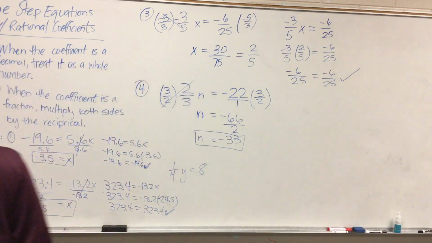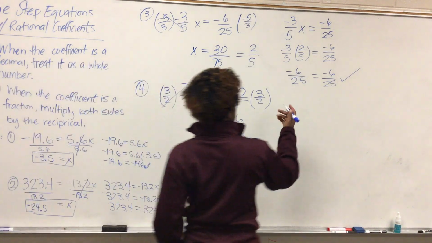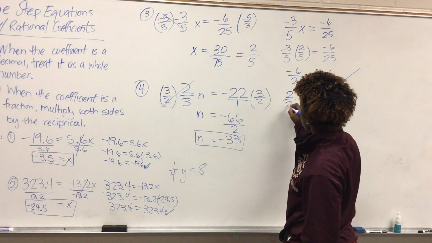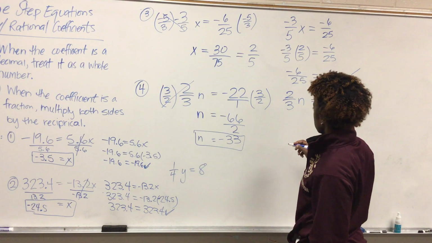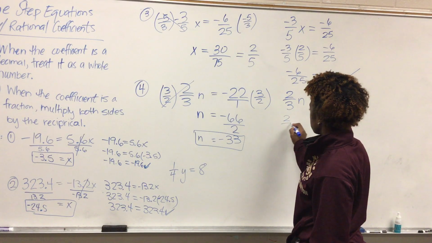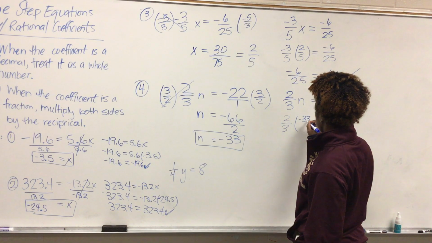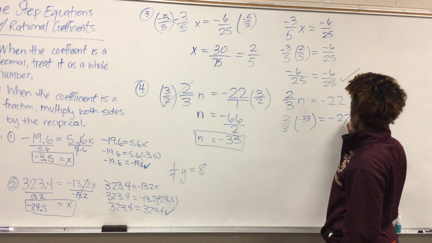Alright, so now we want to check our answer, okay? That's how we know it's right. So I'm going to rewrite the equation as it is. Okay? So now I have 2/3 times negative 33 equals negative 22.